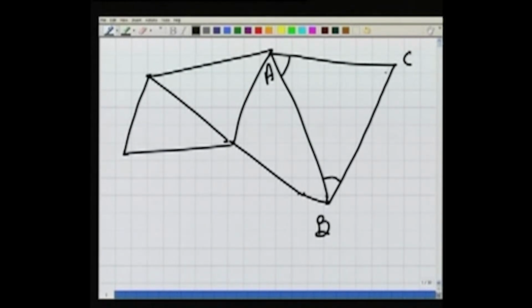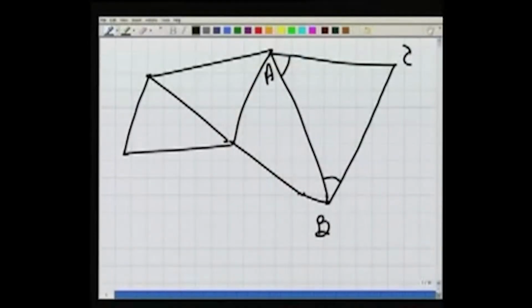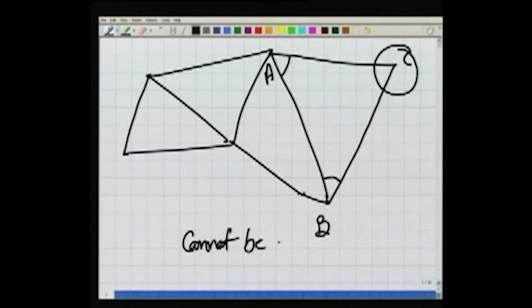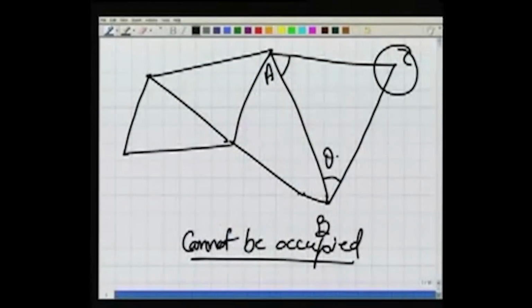Also, maybe this C is very nicely visible, but there may be a problem later on after visiting that place, or maybe beforehand you knew that C has some problem, that C cannot be occupied. If it cannot be occupied, what is the problem? Well, if you have measured the angles theta 1 and theta 2, you can still get the value of theta 3.